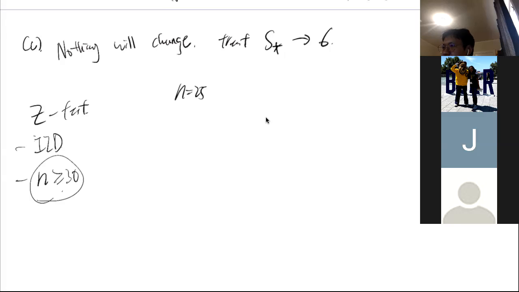So that's why if we have 30 samples, we can automatically use the z-test and treat that as the normal distribution. And the reason for using the z-test is that we have to make sure that it's normally distributed in order for us to do the work. If it is not normally distributed, and we are using a normal distribution to estimate, that means we will get a not very promising result.